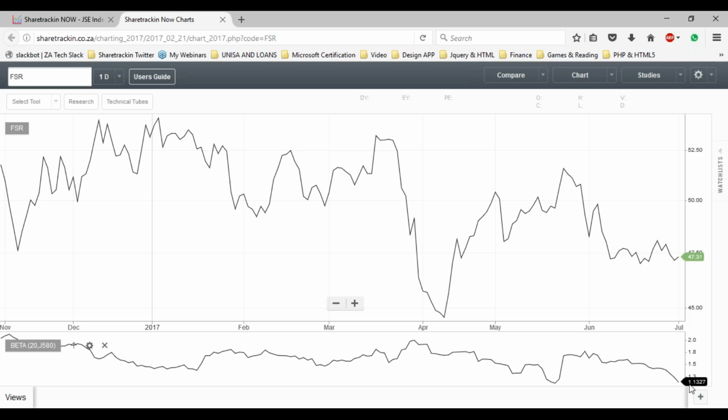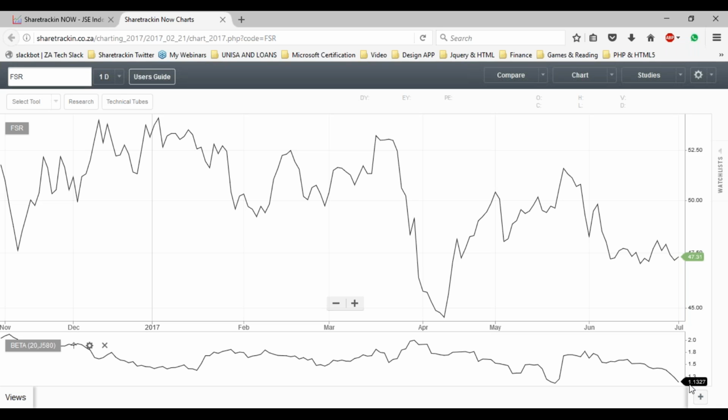So anything less than 1 is regarded as less volatile. Anything more than 1 is seen as being a little bit more volatile. Now, obviously, the higher the beta value goes above 1, the more volatile the stock is seen, because what the beta value basically tells you is that if the financial sector index, the J580, moves positively upwards by 1%, FirstRand will jump up by 1.13%.